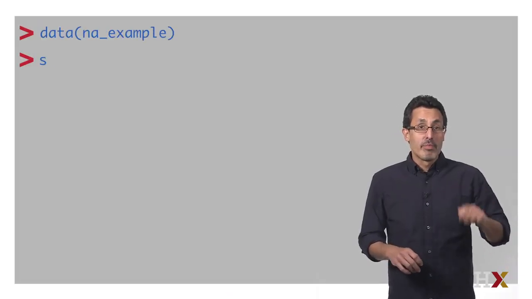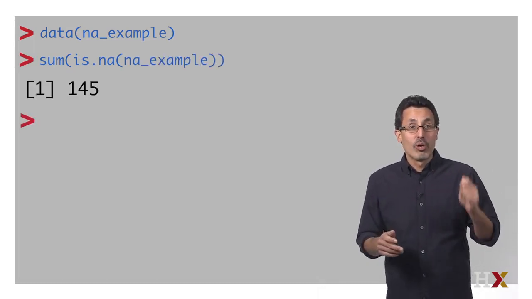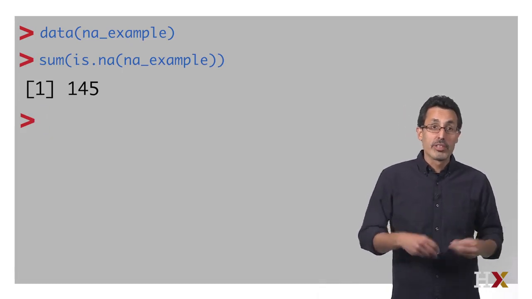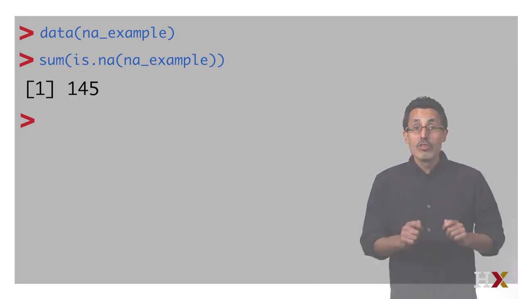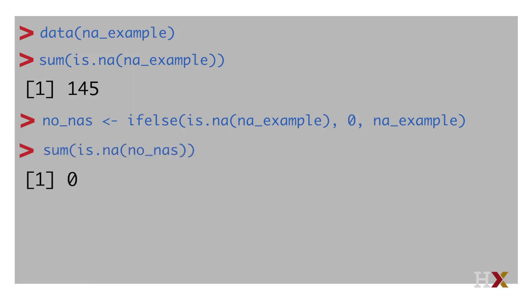And we can see by using the sum of is.na(na_example) that there are 145 NAs in this vector, which contains numbers and NAs. So what we want to do next is create a new vector called no_nas that replaces all the NAs with 0. Using the ifelse function, we can do this very easily like this. Once we're done with this, we see that the new object no_nas has no more NAs.